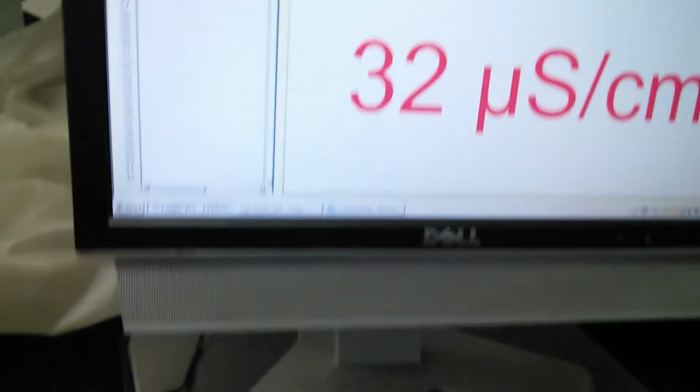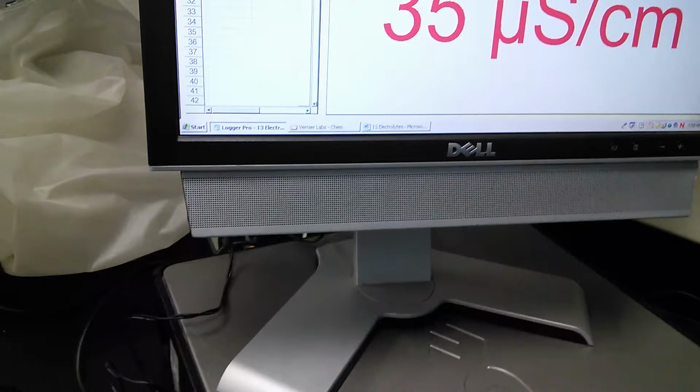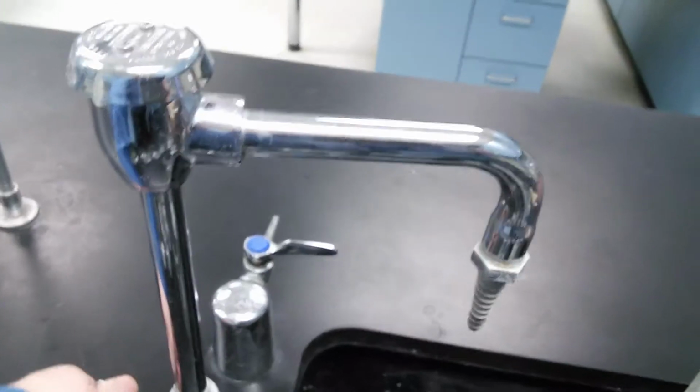Now, this will be an interesting one. This is tap water. And where this video is made, we have extremely high mineral content. Now hold on now. That's a mistake on my part. That was not tap water. Let's get some tap water here, right on video.